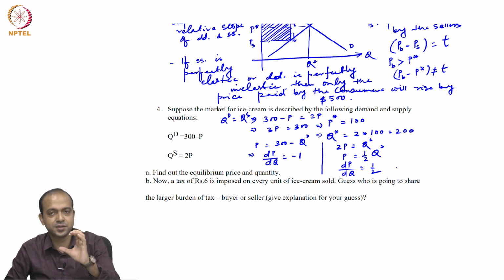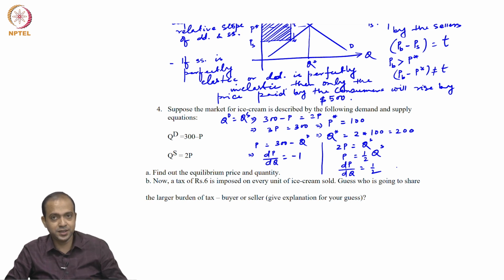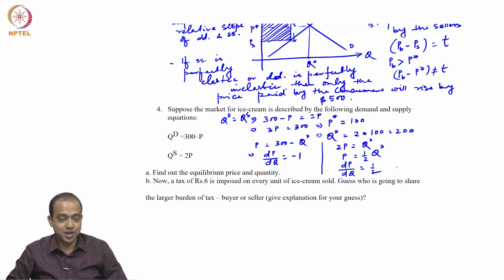So, since the supply function is more elastic compared to the demand, our guess is that suppliers will bear less burden of taxation.